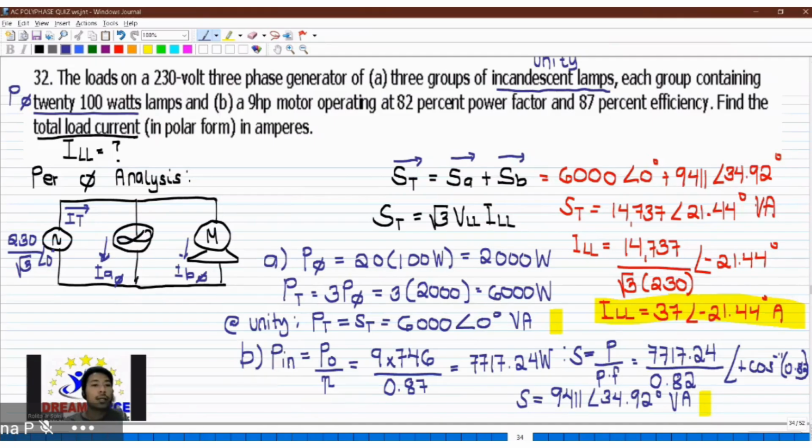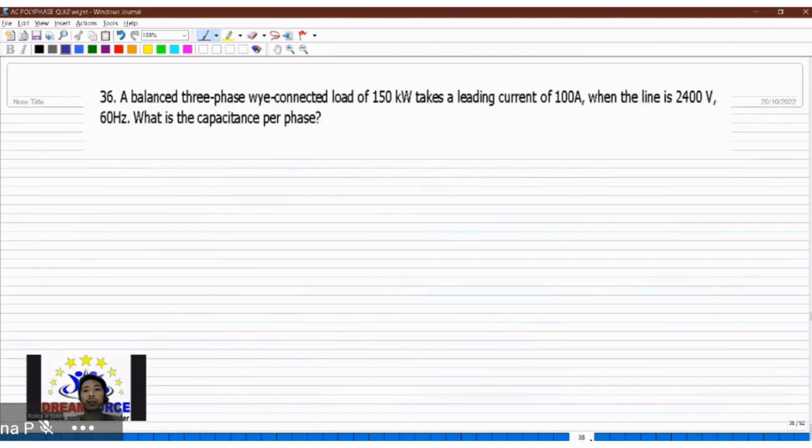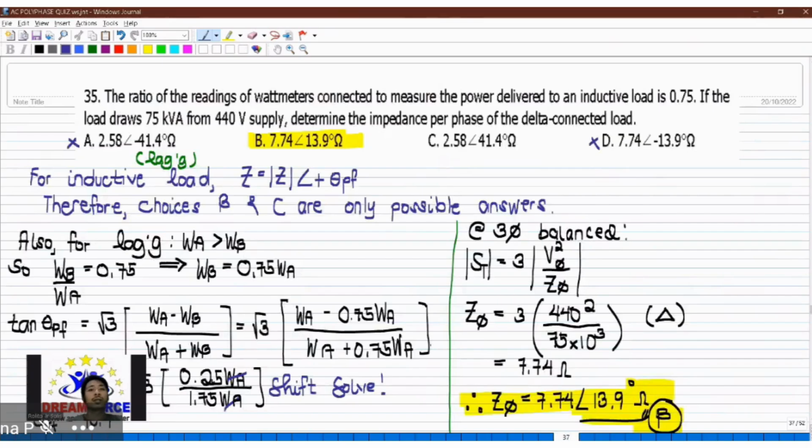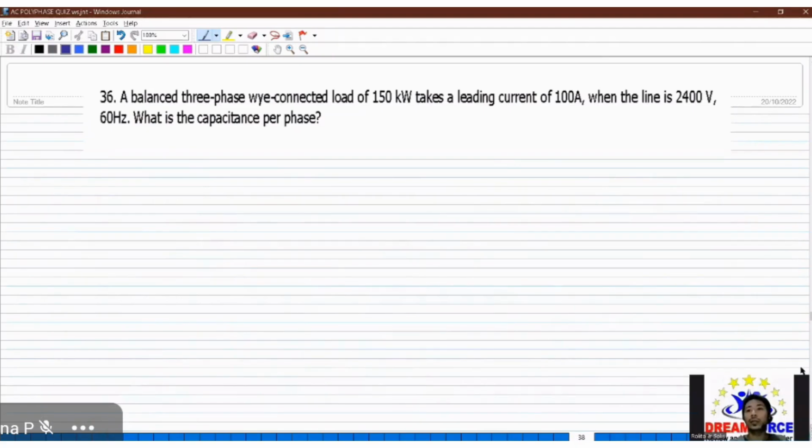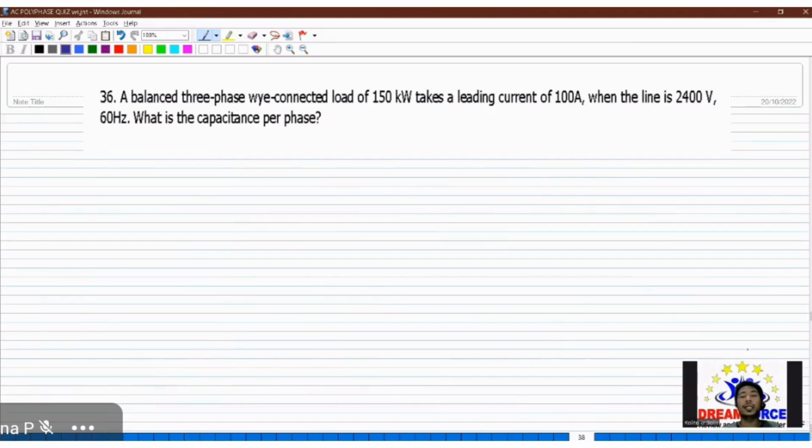Okay, so next na walang choices. So check natin si 36. Okay, so 36 tayo. Ayan, so a balanced 3-phase, Y connected load of 150 kilowatts takes a leading current of 100 amperes. When the line is 24 volts, 60 hertz, what is the capacitance per phase?